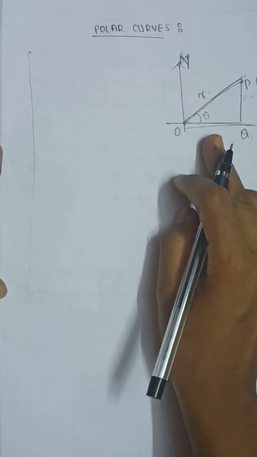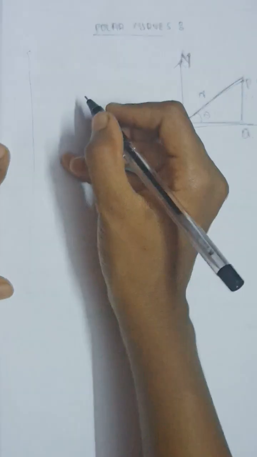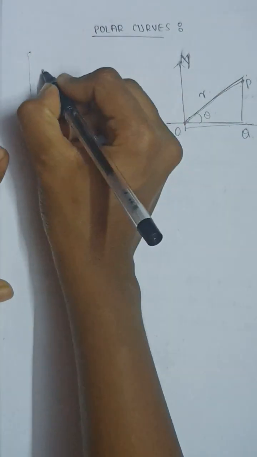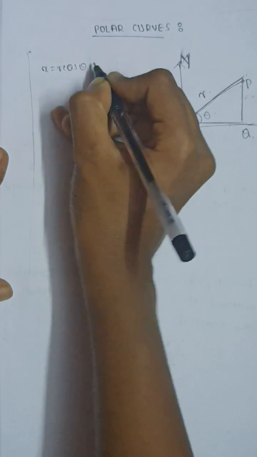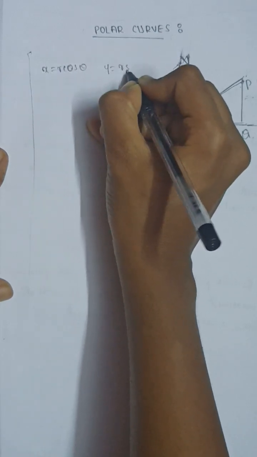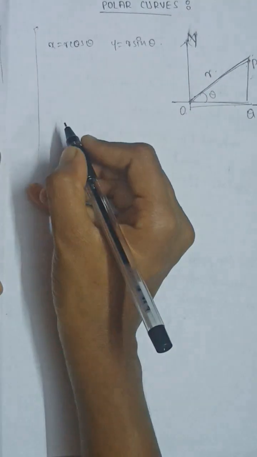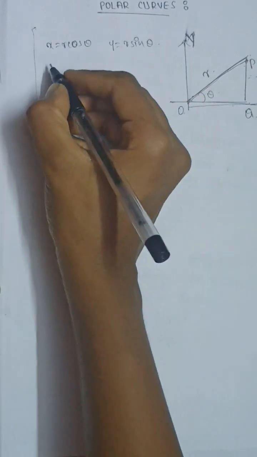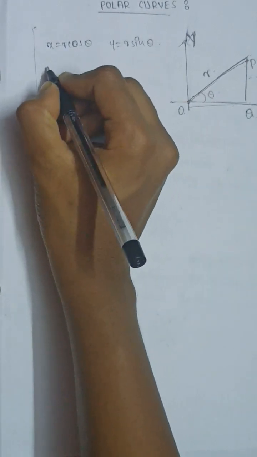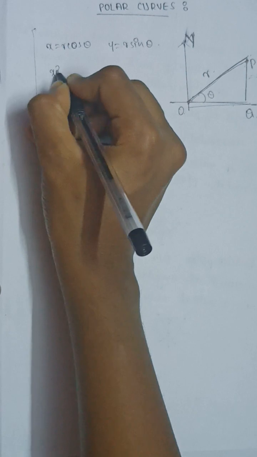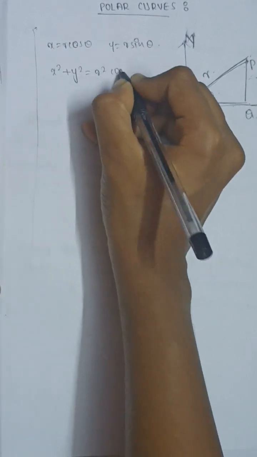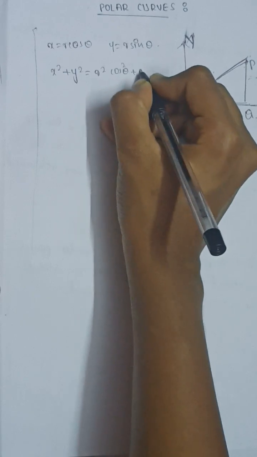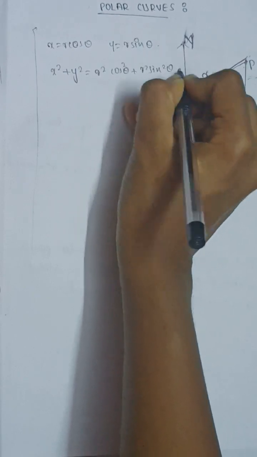As we have said, x equals r cos theta and y equals r sin theta. Taking square on both sides and adding them, x square plus y square equals r square cos square theta plus r square sin square theta.